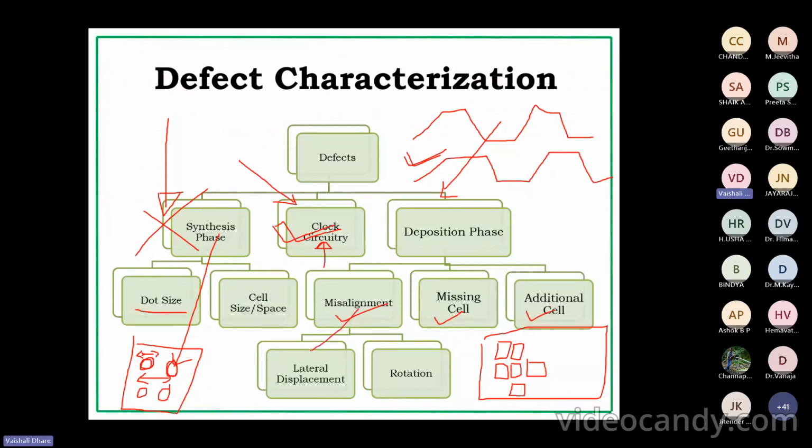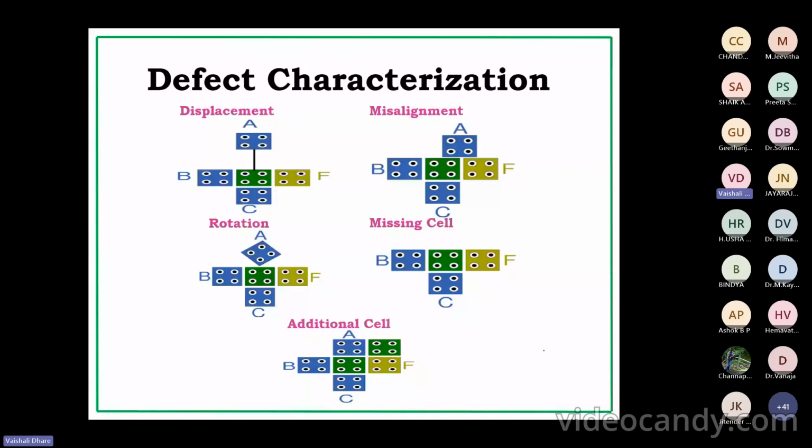In misalignment, there may be a lateral displacement, or the cell may rotate like this. In pictorial form, I have described how, to form a MV, any one cell is misplaced from the cell configuration. If that displacement distance is within the range, like the radius of effect, definitely this cell will interact with this, and there is no such effect on this device MV.